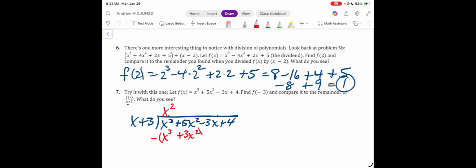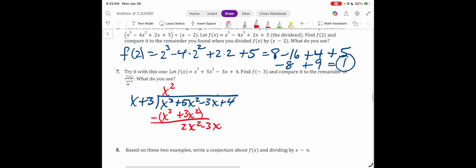Now I subtract to get 2x squared, bring down negative 3x. 2x times x gives me 2x squared plus 6x. Subtract them. That's negative 9x plus 4.